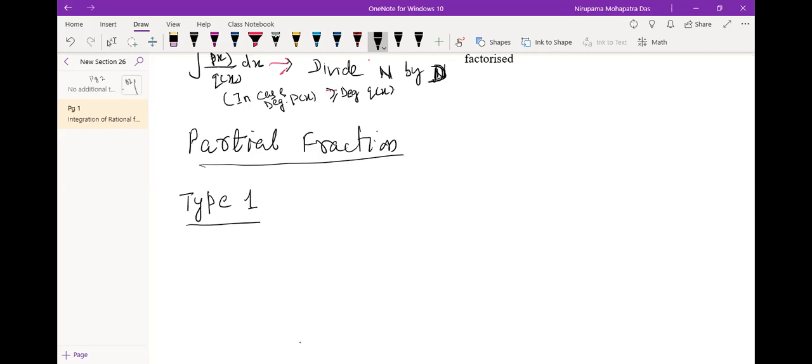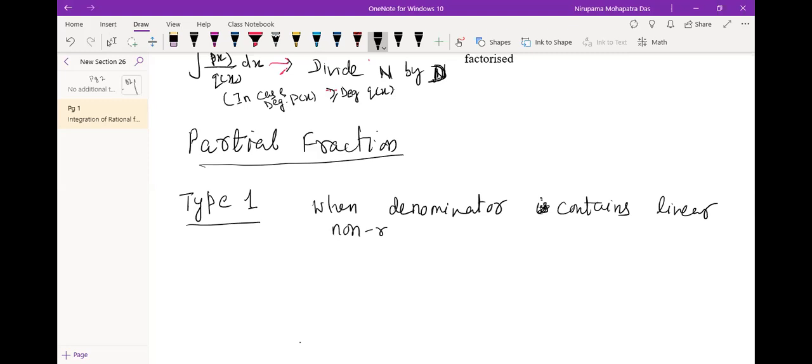Type 1 is when the denominator contains linear non-repeated factors, that is, it is a product of two or more linear non-repeated factors.